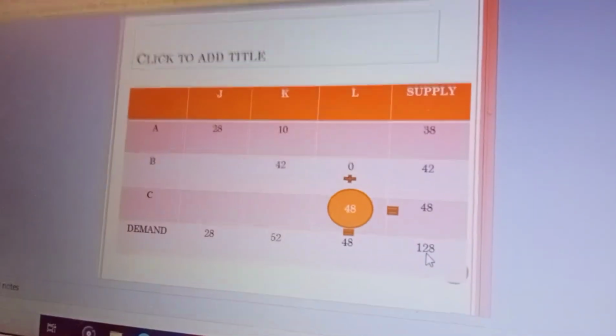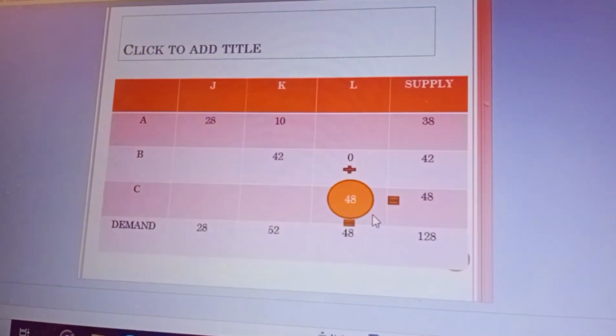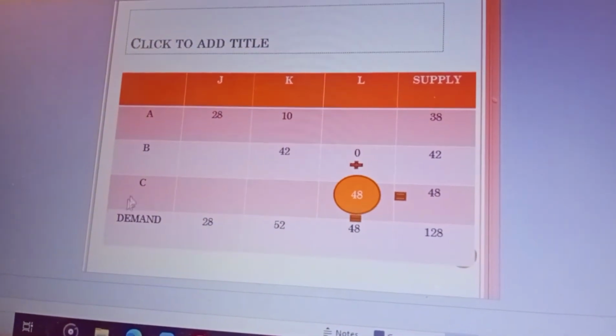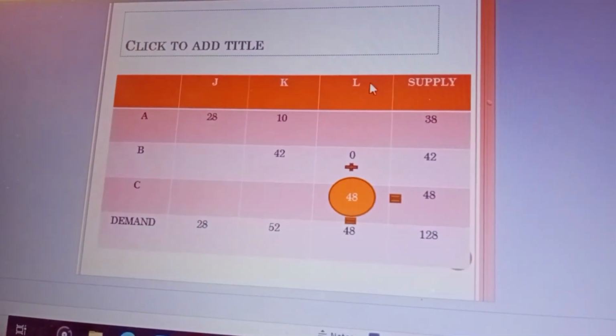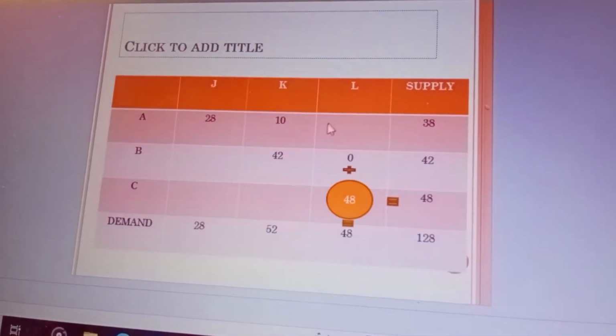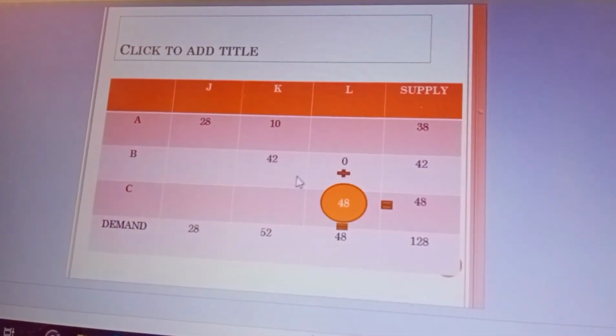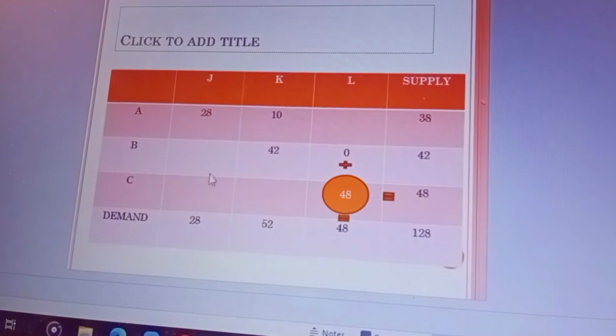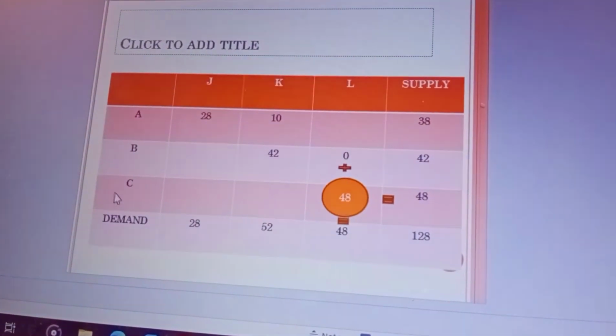Then, if the answer is equal to the demand of L, the answer is correct. So it is good, very good. Our answer is right. We don't have anything wrong with our answer.